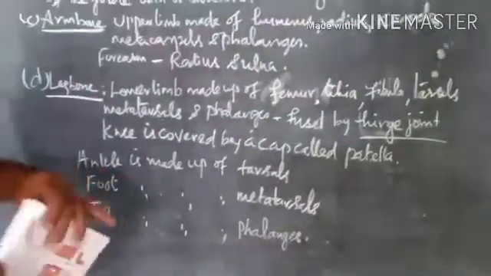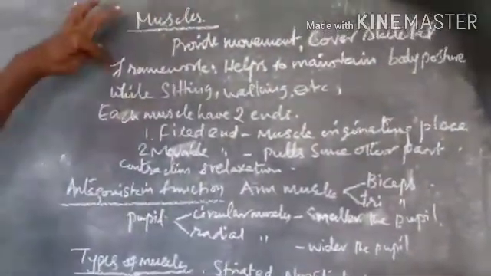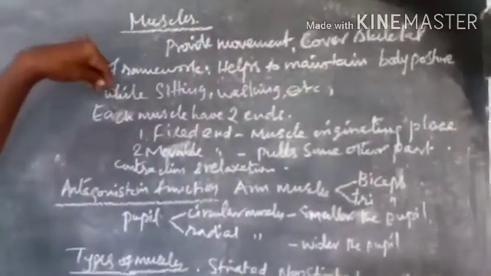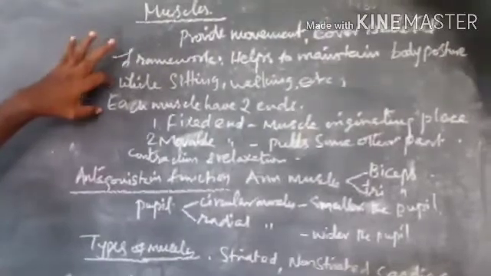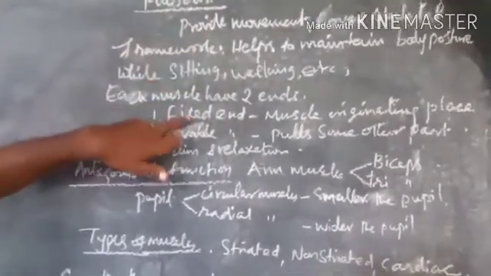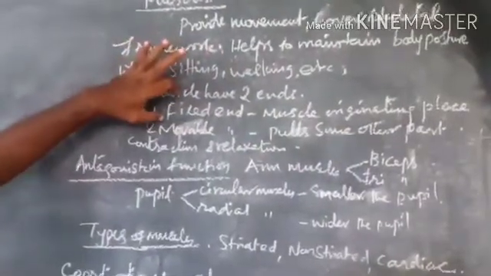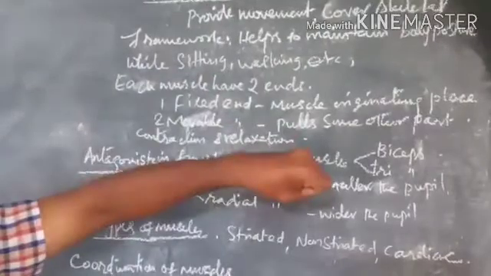The next one is muscles, which provide movement and cover the skeletal framework of the body. They help to maintain body posture while we are sitting, walking, etc. Each muscle has two ends: the fixed end, the place where the muscle originates, and the movable end, which pulls some other part.